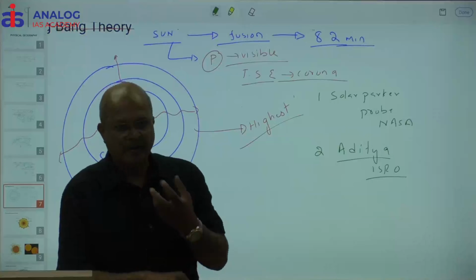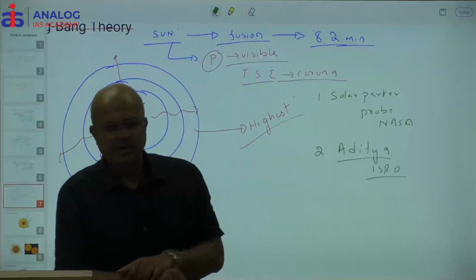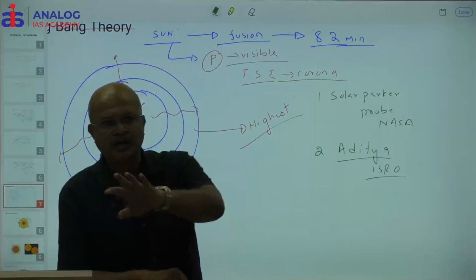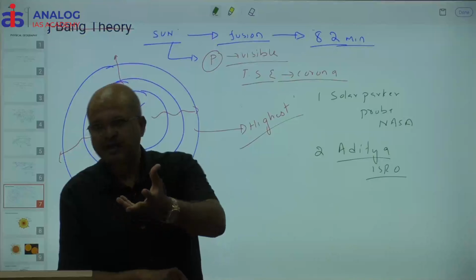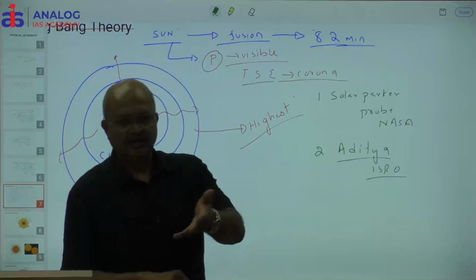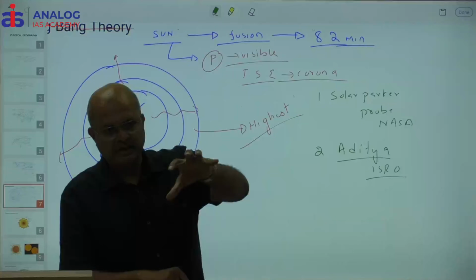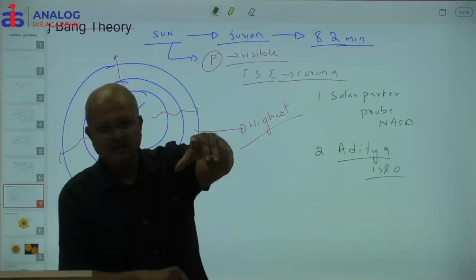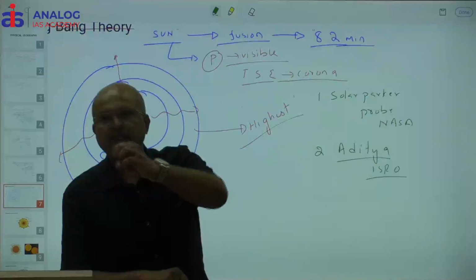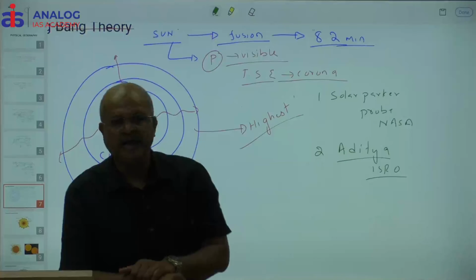Some say it is nanoparticles. They suggest that nanoparticles from the photosphere move to the corona, and then they burst. That is where the temperature increases. But we don't know exactly. At present, the idea is that nanoparticles from the photosphere move out of that region, reach the corona, and then burst. When they burst, the temperature by default increases.